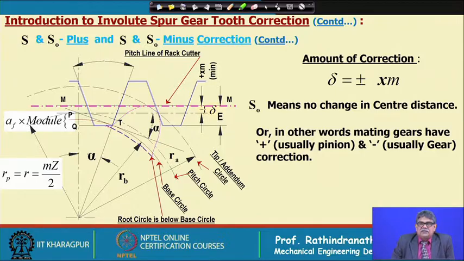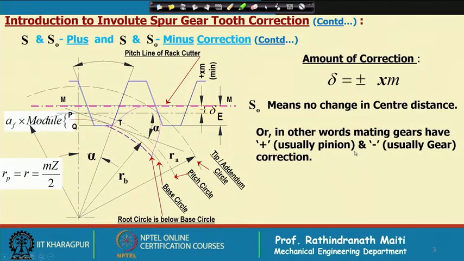If we give S0 gear correction, that means there is no change in center distance. Therefore, if we give plus correction to the pinion, we have to give minus correction to the gear and vice versa.